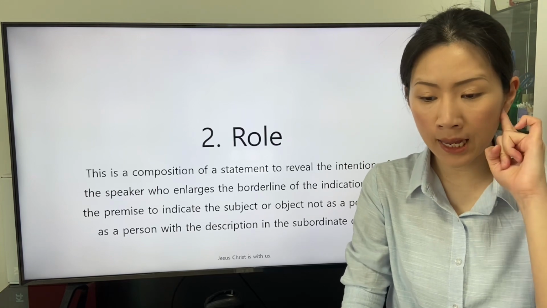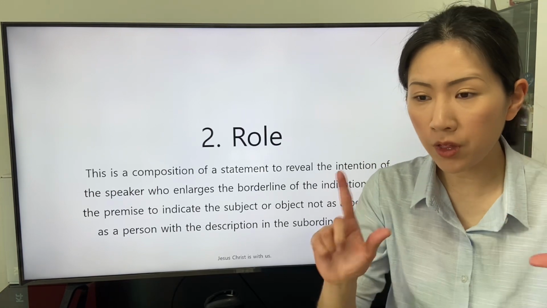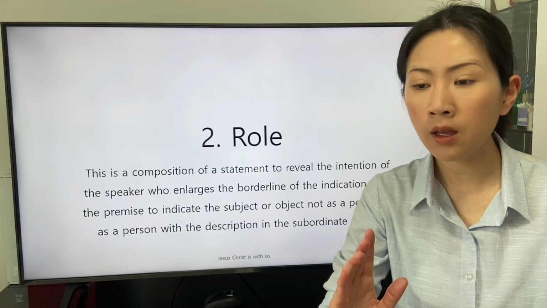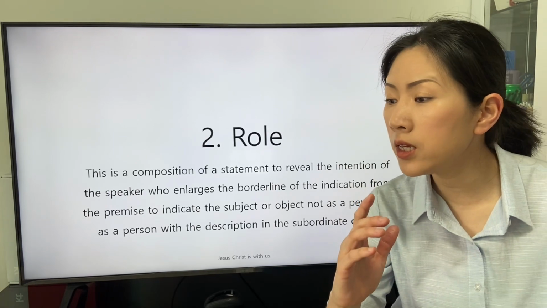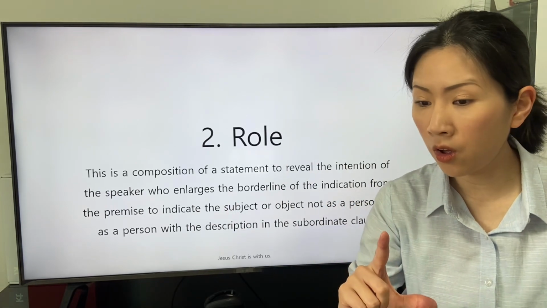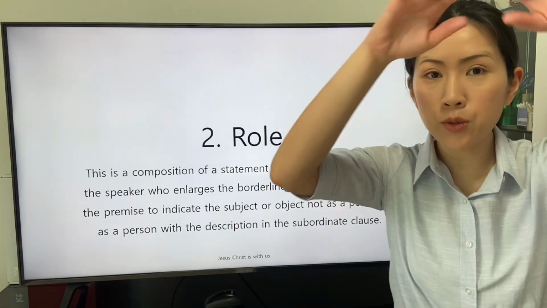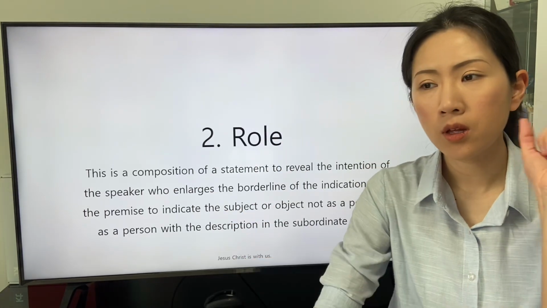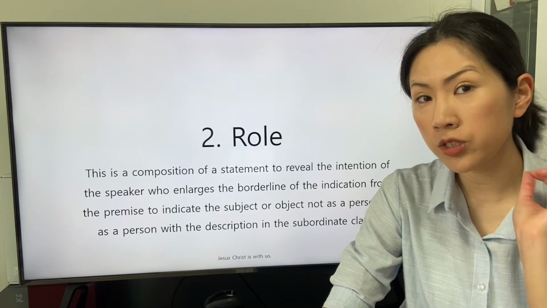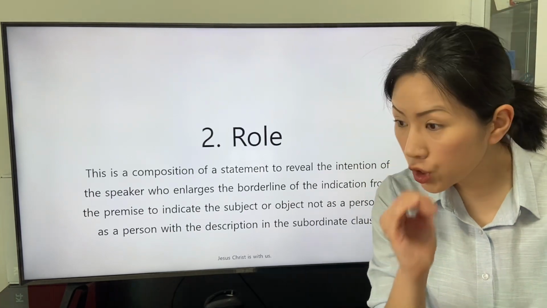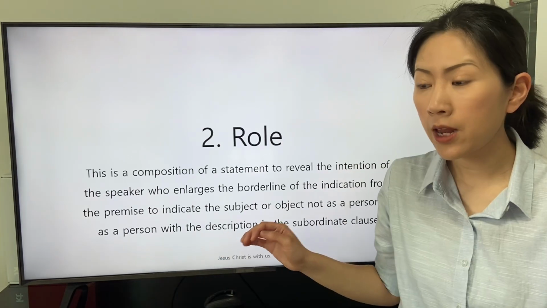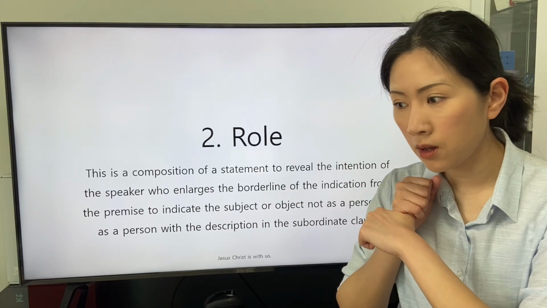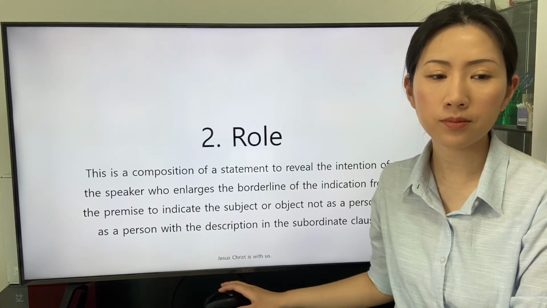So we can think of the subject and we can enlarge the boundary of it with the condition of the subject to exist at a point in time, at a place.